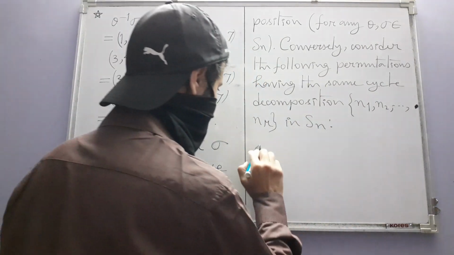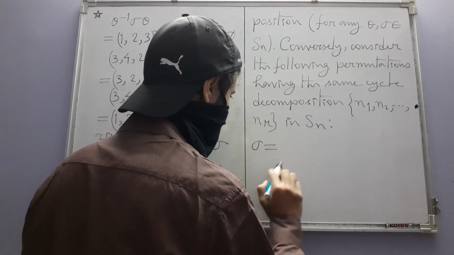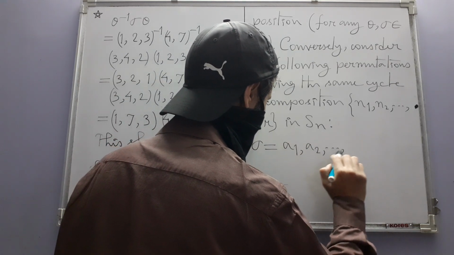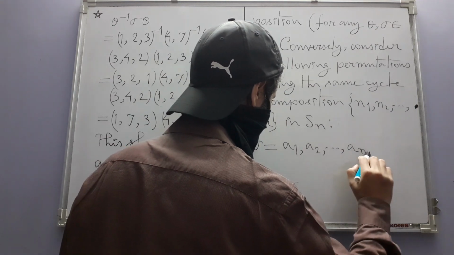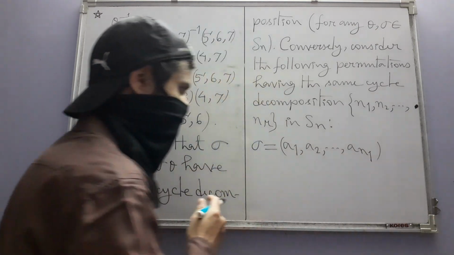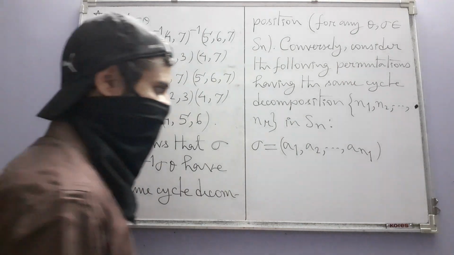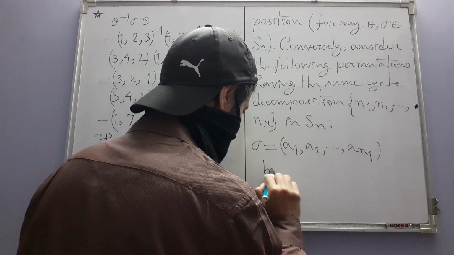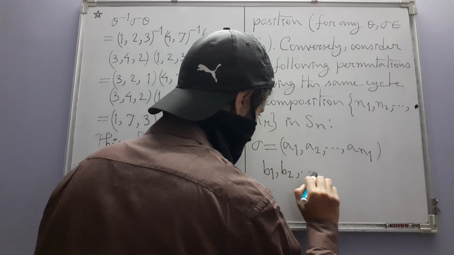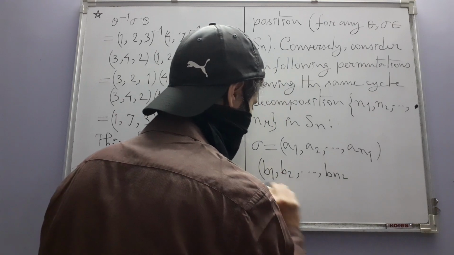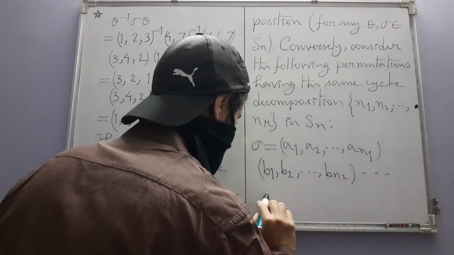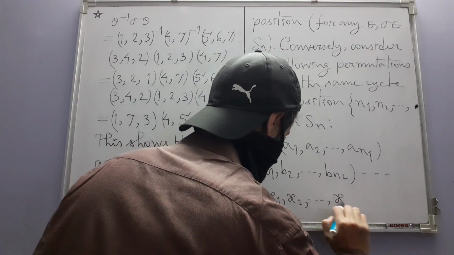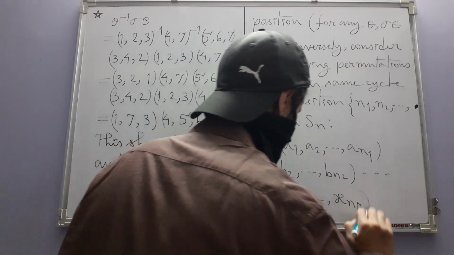So one of them is the sigma, which is this product. This is an N1 cycle, a cycle of length N1. That's why we have N1 here. Then followed by a cycle of length N2, and like that it goes. And finally, we have a cycle of length Nr, and these are disjoint cycles.